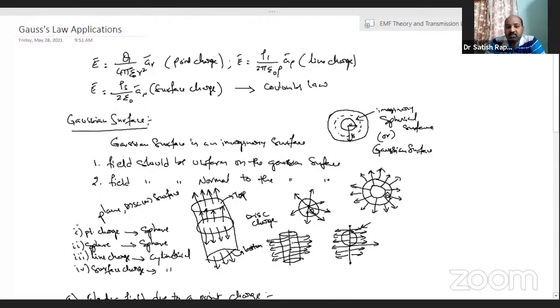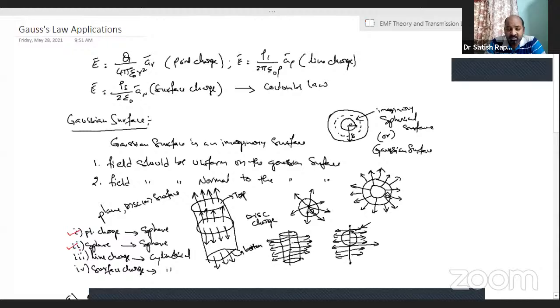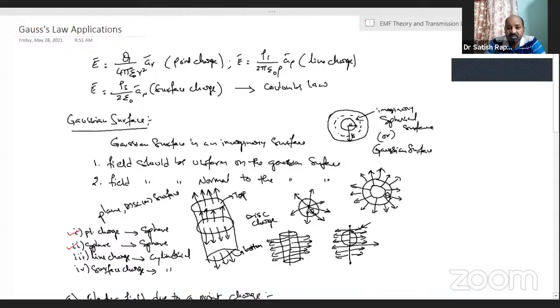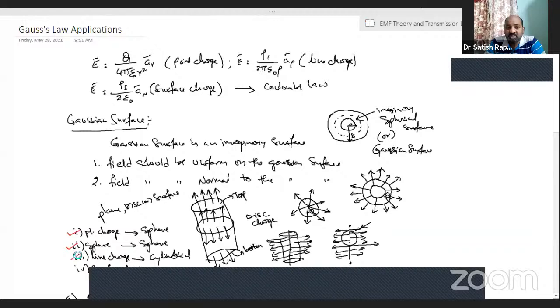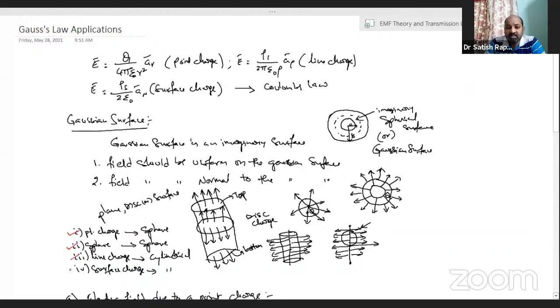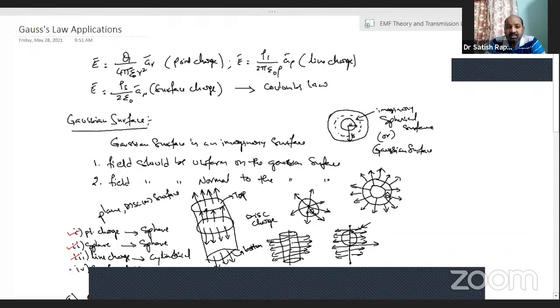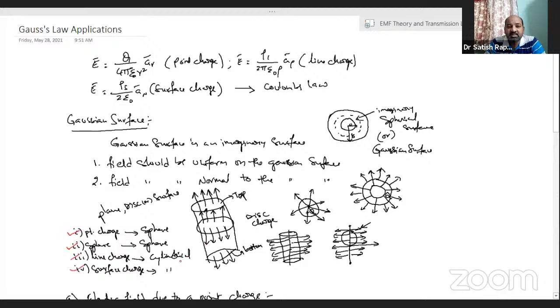For example, for a point charge, a spherical surface is assumed as the Gaussian surface, and for a spherical charge, a spherical surface is assumed. For a line charge and surface charge, a cylindrical surface is assumed as a Gaussian surface.